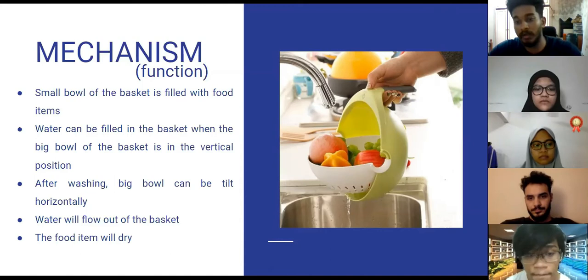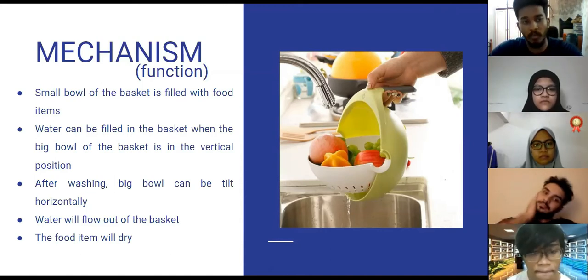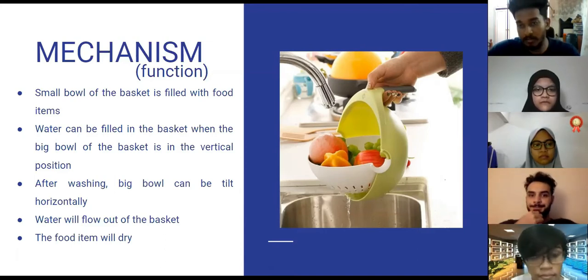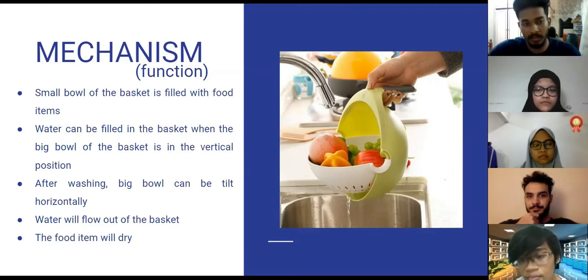I would like to explain how the basket actually works. First, the small bowl of the basket will be filled with the food items, and after that, water can be filled into the basket.